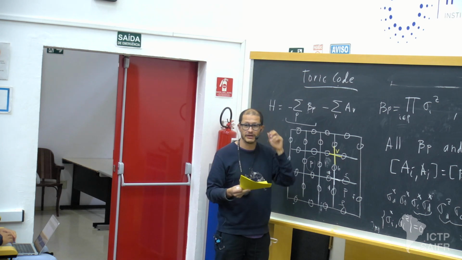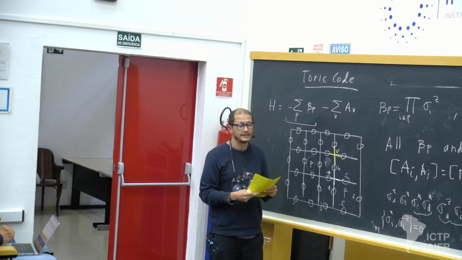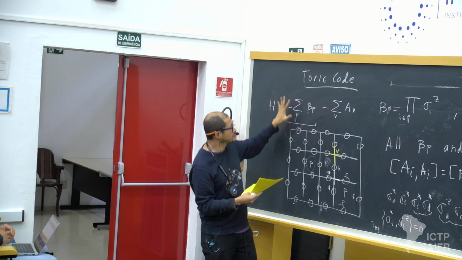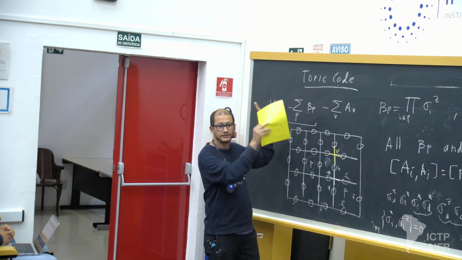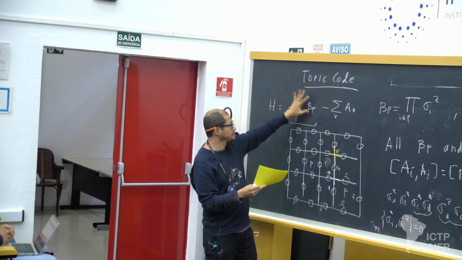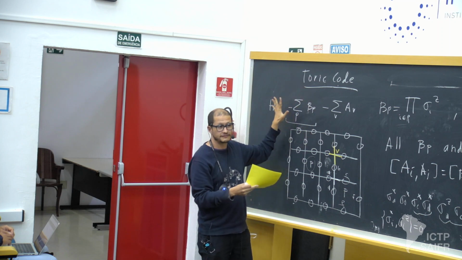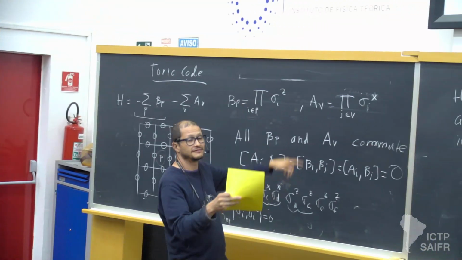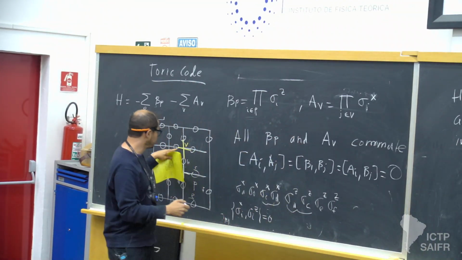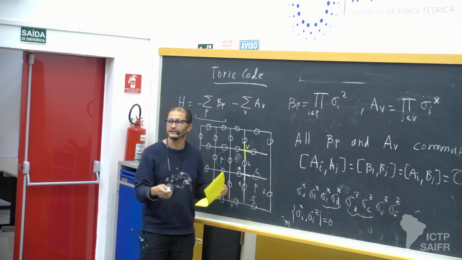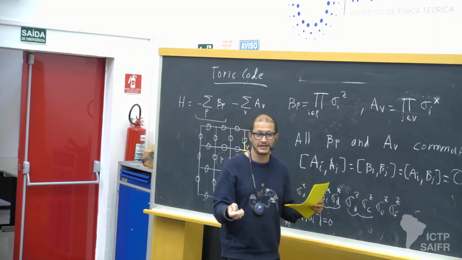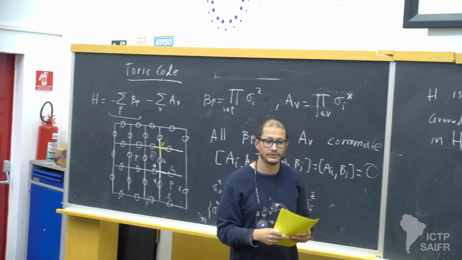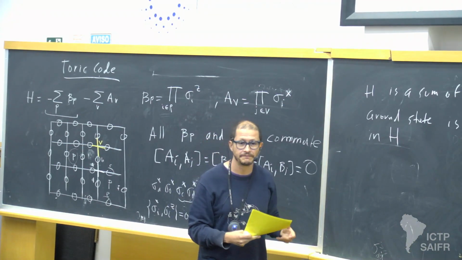That's what we mentioned yesterday. So the configurations that contribute to the ground state in this basis, due to the presence of this term, have plaquette products equal to 1, which is the same as the ground states of the Ising gauge theory that we discussed yesterday.